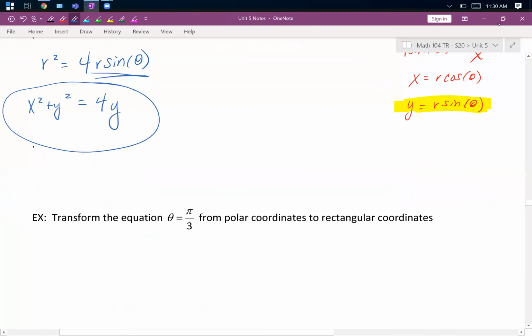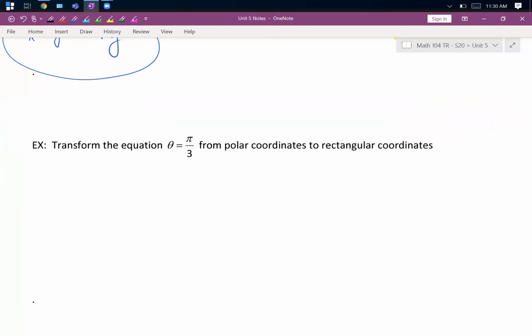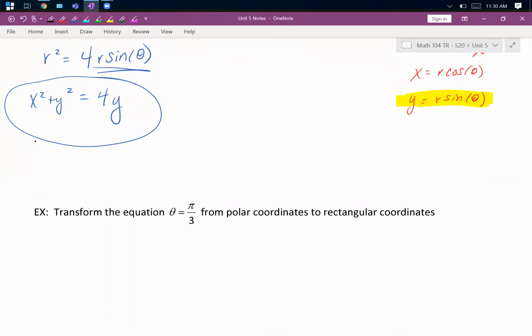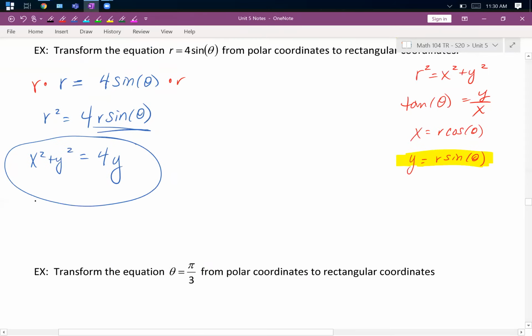Let's try another one. This time we're going to transform the equation theta equals pi over 3 from polar coordinates to rectangular coordinates. So basically, I got to get rid of that theta. Look at all my options over here. Well, I don't really want to introduce an r, right?